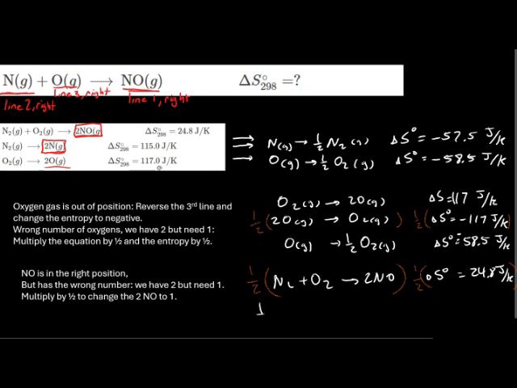So our new equation is 1/2 N2 gas plus 1/2 O2 gas yields 1 NO gas, and our entropy value will change to positive 12.4 joules per Kelvin. We'll write that above our new line 2 and line 3 here in our new system.